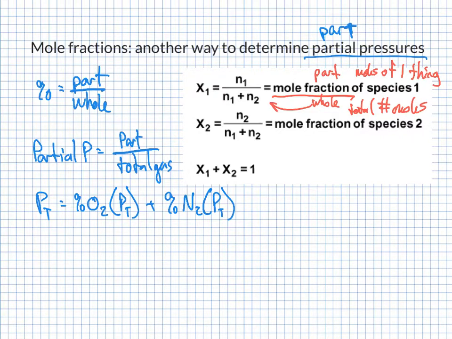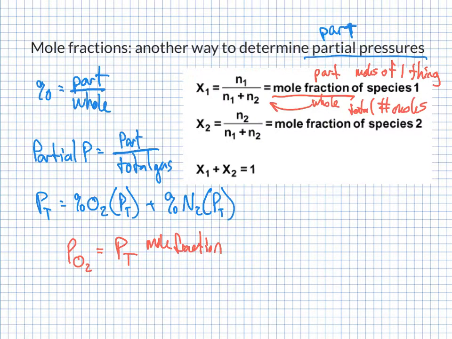So what you can then do is say that the pressure of some substance, so we'll say the pressure of oxygen, is equal to the total pressure times this mole fraction. And you just need to remember that the mole fraction is the part of the thing you want over the total amount of moles.